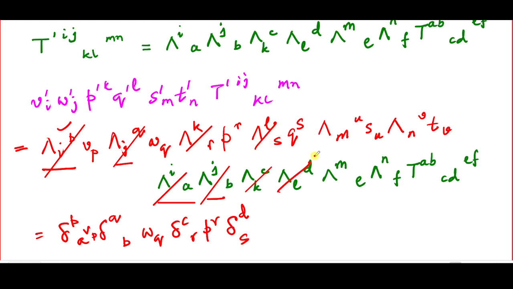Note that one thing we are doing very carefully is keeping the upstairs downstairs relationship for the free indices intact. Lambda mu, lambda me. Again, here you have a covector transformation coefficient, here you have a vector transformation coefficient. When you add up over m, it simply gives you delta UE.